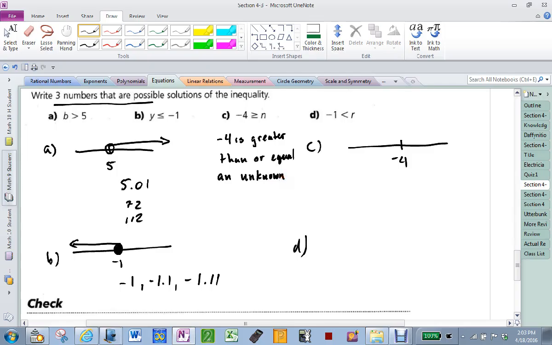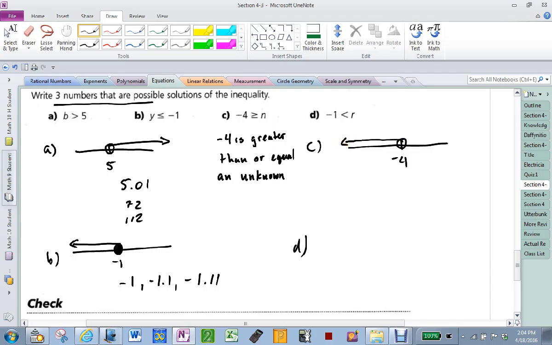Yes, of course it could be any number because it's an inequality, but there's rules. Negative 4 is greater than all these unknown numbers I want. So where do those unknown numbers live? Left of negative 4. Do I color it in?